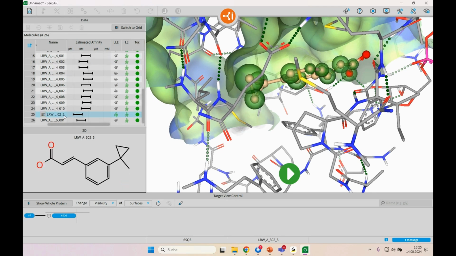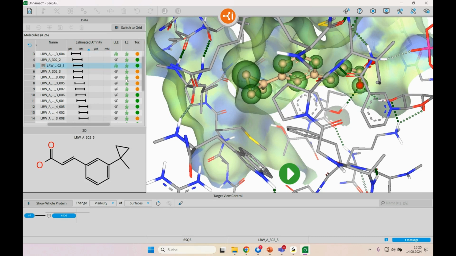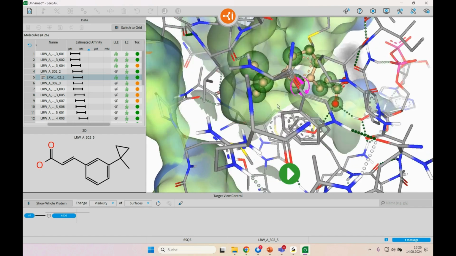Oh, this works pretty nicely. To be fair, the LLE that we display is also based on the affinity calculation algorithm, that's HYDE. Exactly. So in our case, LLE is just a basic result of our HYDE estimation. Okay, but you see, this strategy could also work.